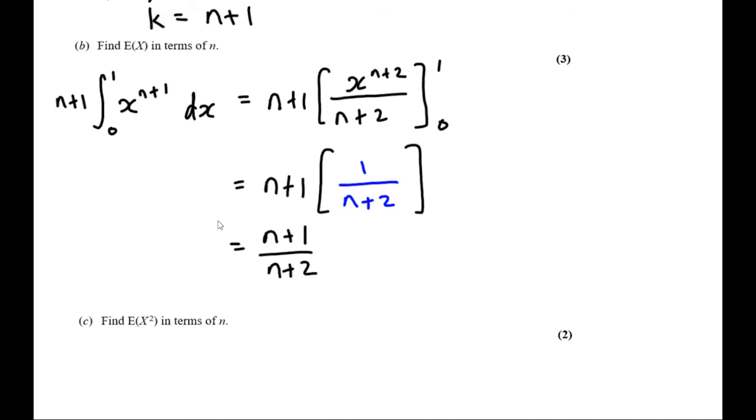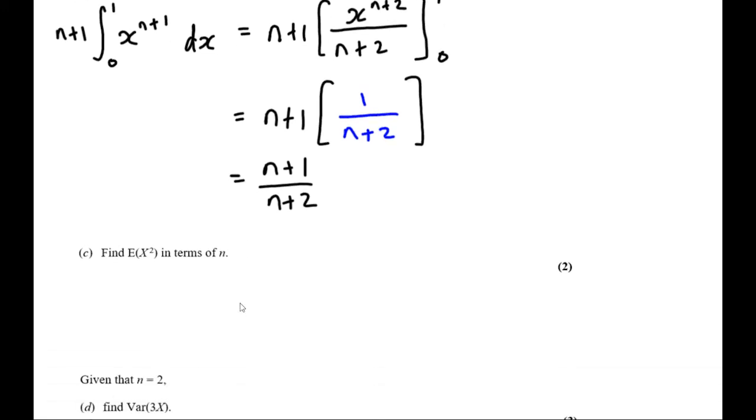Okay, find the expectation of x squared in terms of n. So that's going to be a very similar process. I'm going to integrate, taking the k value outside, x to the n plus 2.